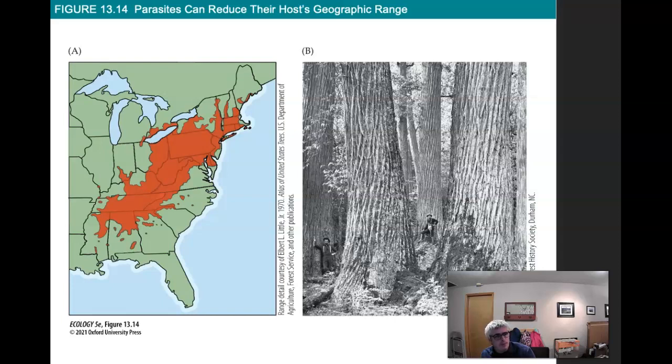It's pretty hard for an organism to develop a defense against a totally novel parasite. So if it's not a parasite where they've evolved or co-evolved with a similar parasite, they might just not have the genetic tools in their toolkit to be able to defend themselves against that parasite.